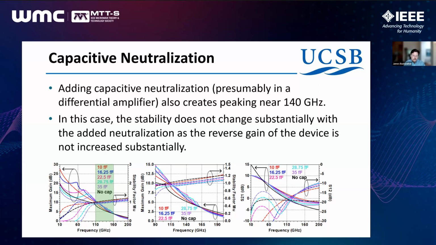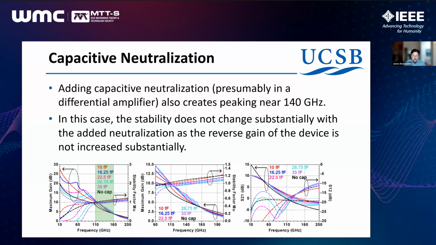It basically shows how when we increase from 10 femtofarads to 16 femtofarads to 22 femtofarads, we get increasing amounts of gain at a specific frequency, in this case at 140 gigahertz, relative to the case where we don't have feedback capacitance.